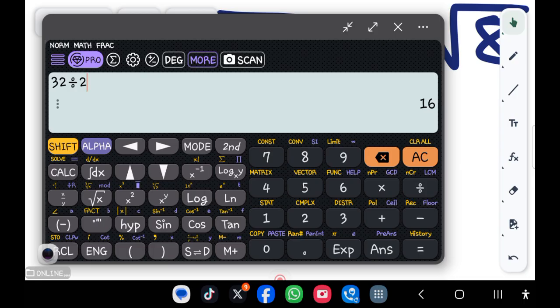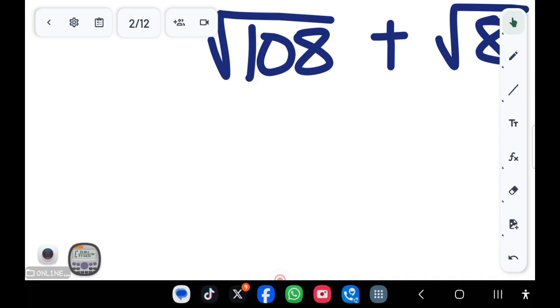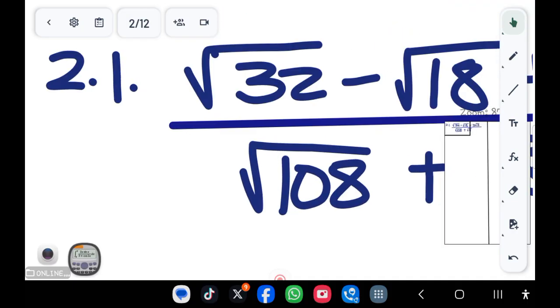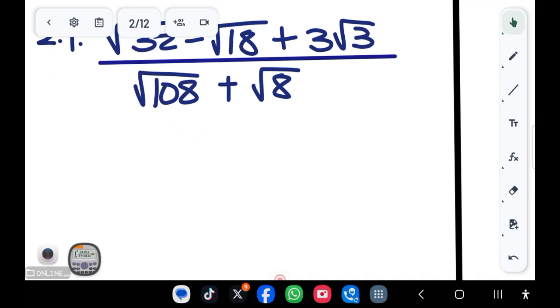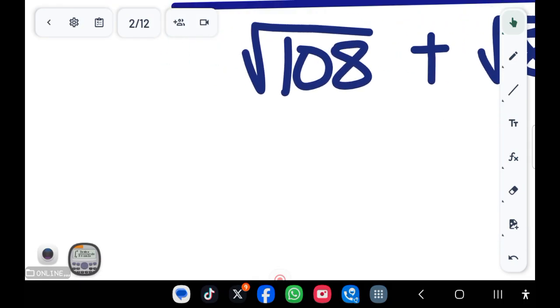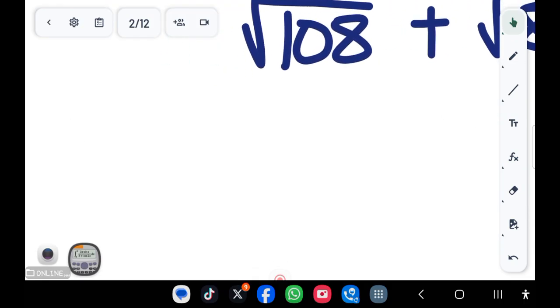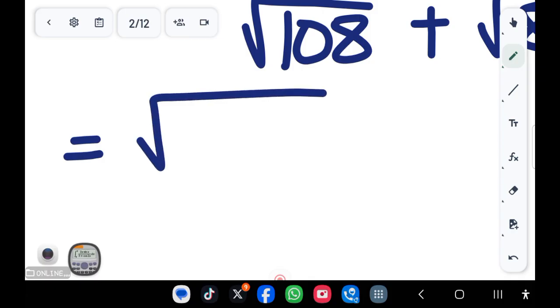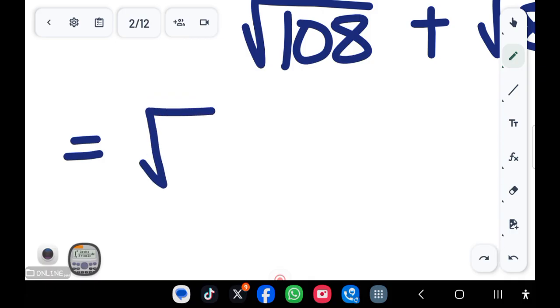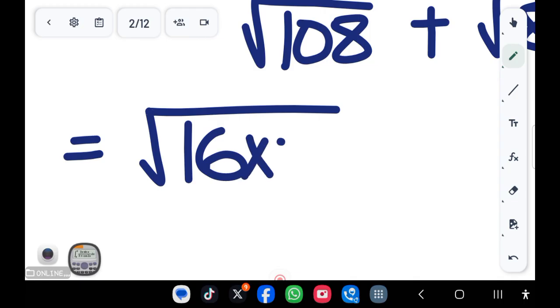So 32 now is written as 16 times 2, 16 being a square, so that is equal to the square root of 16 times 2.